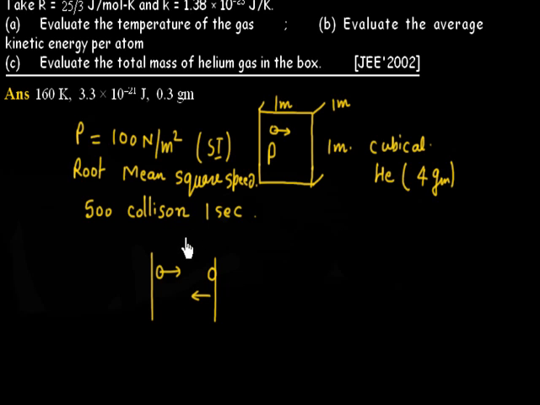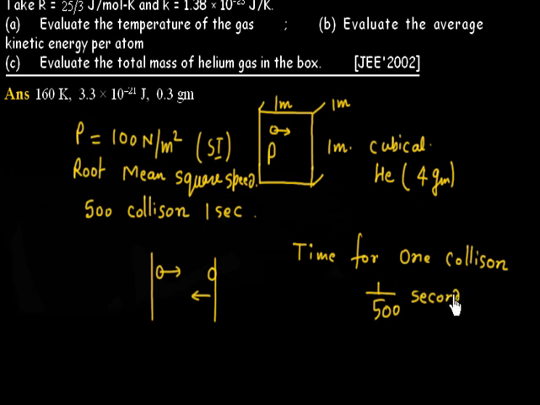So what is the time required for one collision? 500 collisions require 1 second, so one collision will require 1 by 500 second, obvious. Are you getting or not?